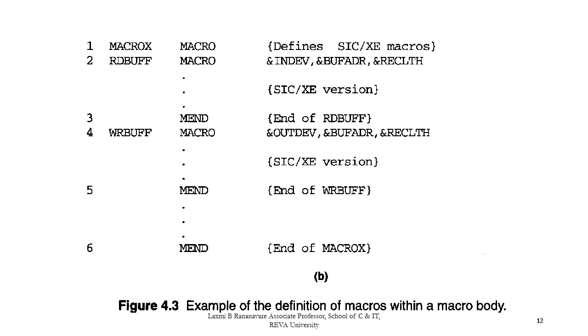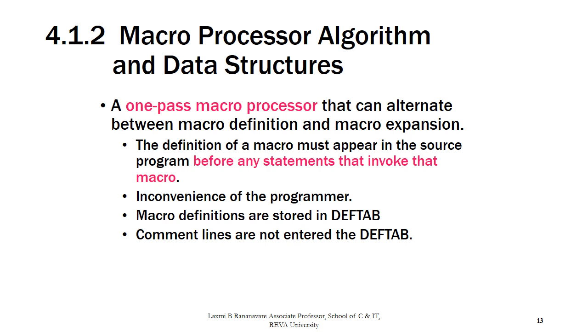Then the name of the macro should be embedded with the X symbol, macro X, which tells that it is the SIC/XE version. Similarly, we can have the macro definitions written in this macro X. There are two macro definitions embedded in this macro X, along with some more instructions after location 5.